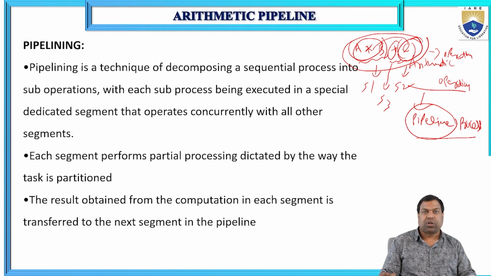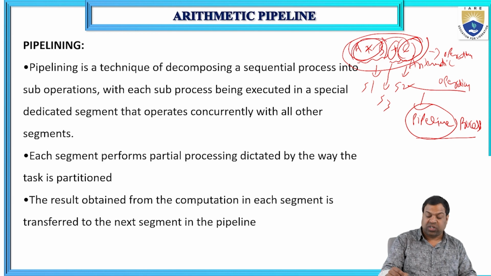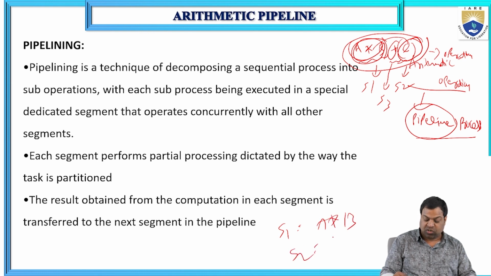Each segment performs partial processing dictated by the way the task is partitioned, and the result obtained from the computation in each segment is transferred to the next segment in the pipeline. So, A into B is one segment. What is the result of this? S1 equal to A into B. Next, S2 equal to C. Next, S3 equal to A into B plus C. We take the result of A into B and the value of C, then add them.